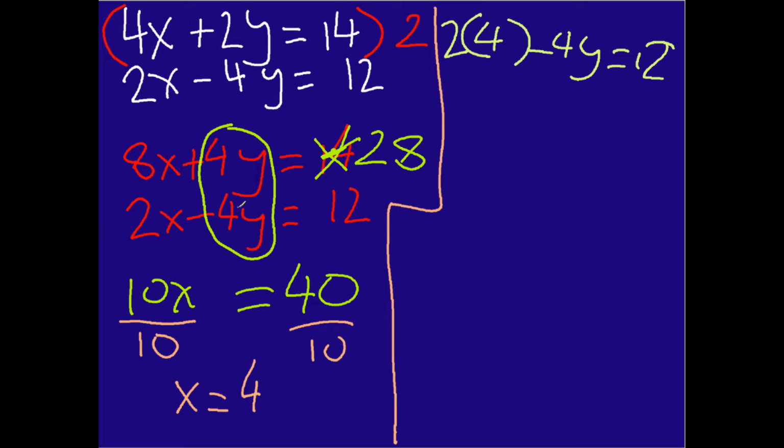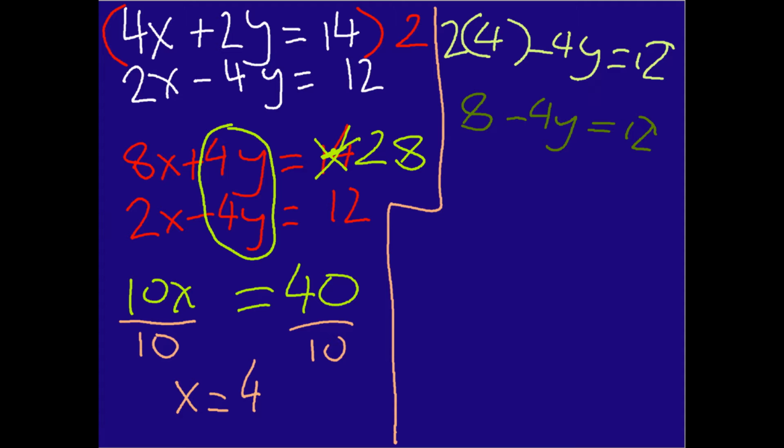This is not that complicated. I'm sure you can do this on your own. But just for the sake of it, 2 times 4 is 8, minus 4y equals 12.